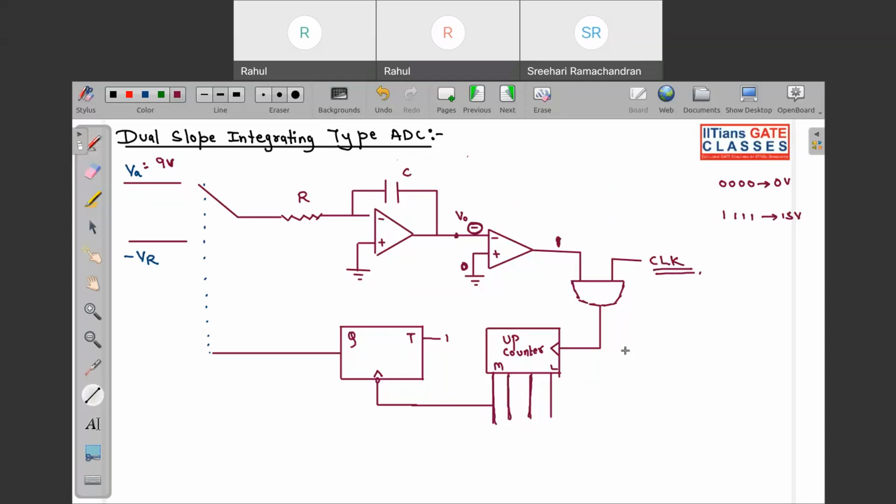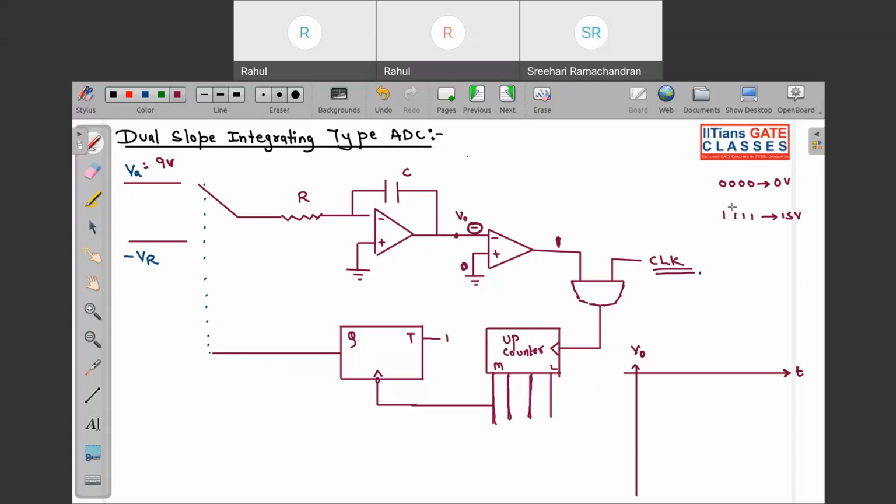So what will happen? This V naught, it will charge up to what time? You can see this is 1, and this clock is constantly supplied, and this is your normal up counter.